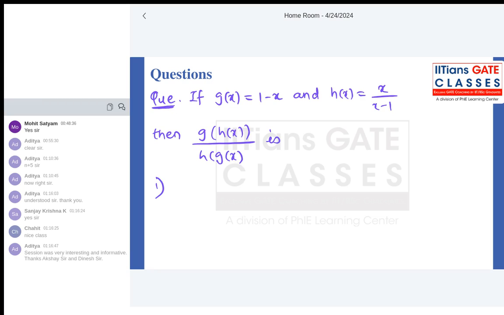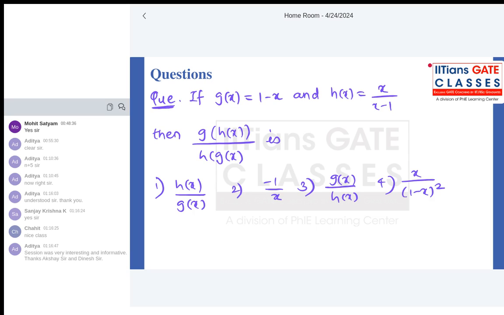This is the question, and you have four options. Okay, so these four options are there. So now maybe I'll use another color.